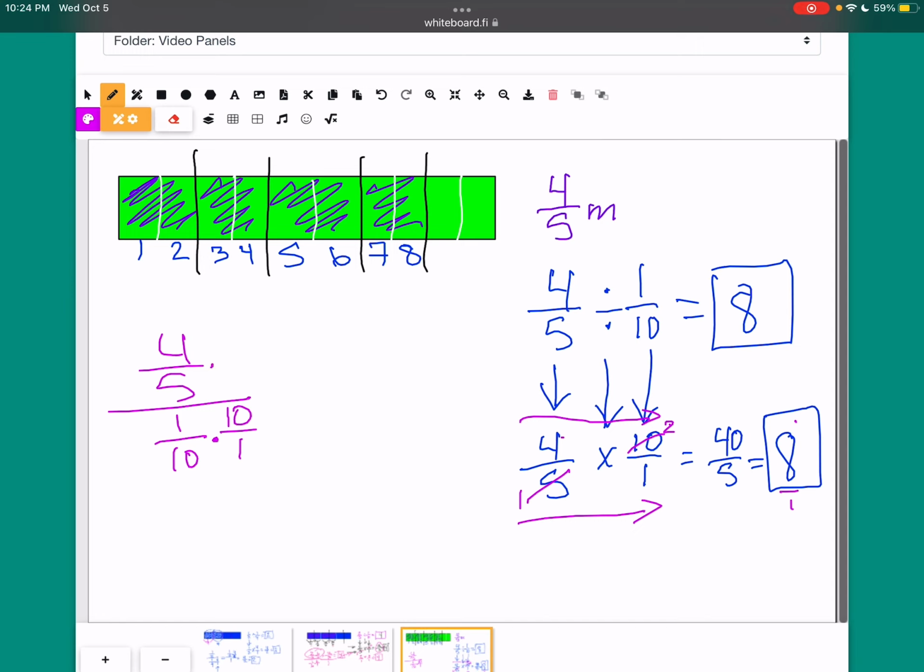We turn it into 1, and whatever we do to the bottom, we have to do to the top, and so we wind up with a new problem, which is 40/5, because I multiplied across, right? 4 times 10 being 40, 5 times 1 being 5, and that's 8. Okay, 3 ways to do the same problem. I've done a lot of these for you. Let's see if we can find another one.